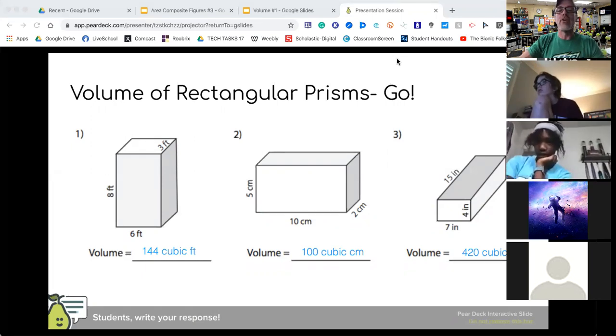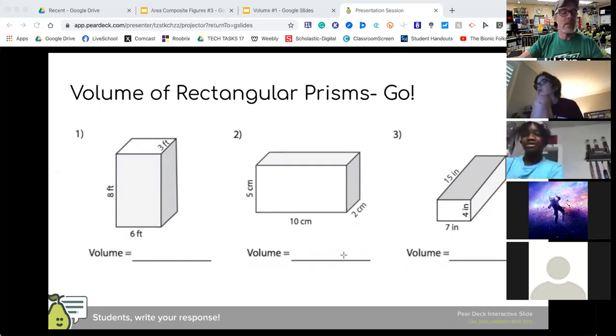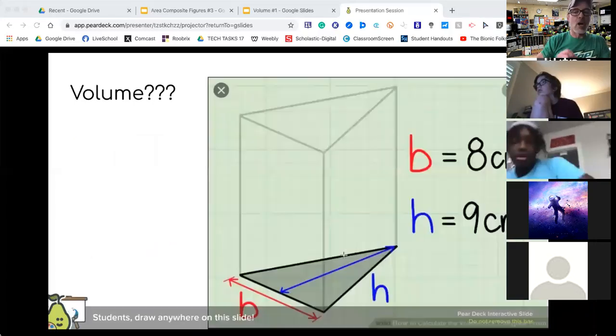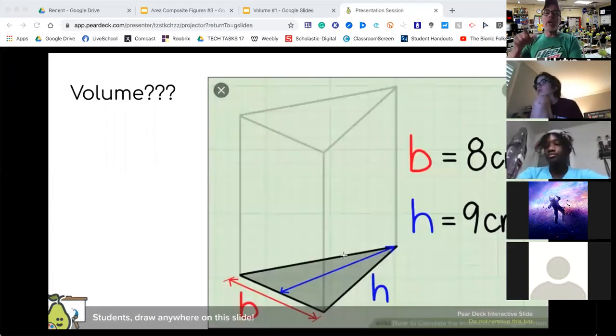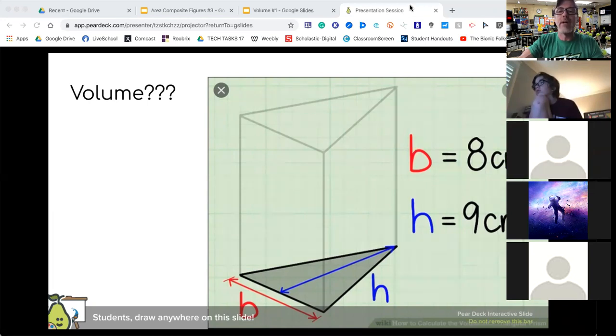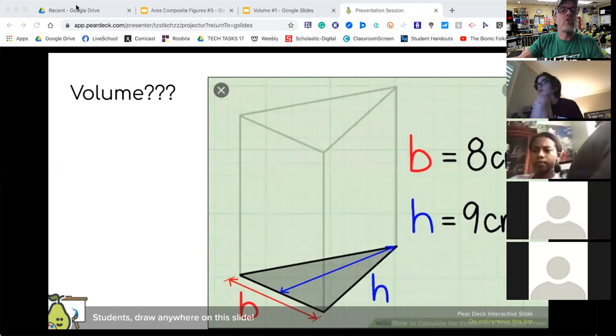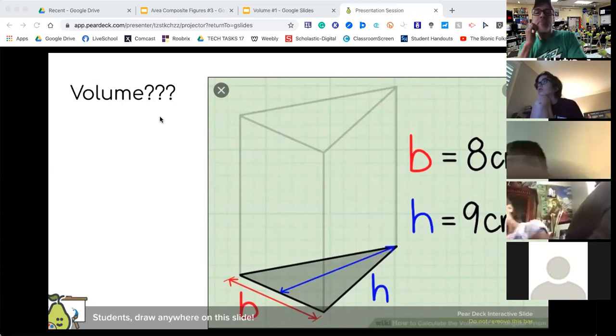I'm going to quickly introduce where we're going next, which is the volume of these prisms. On your screen, you're going to draw on the slide. What I'd ask you to draw is what's missing there.